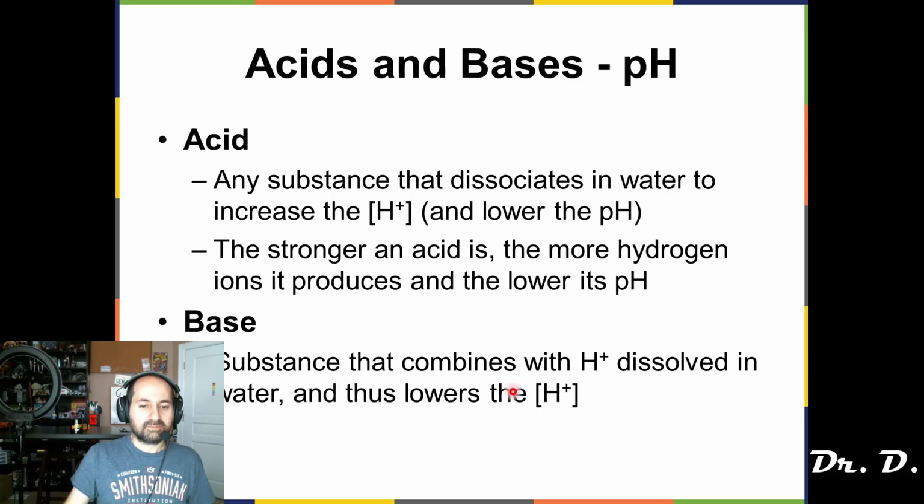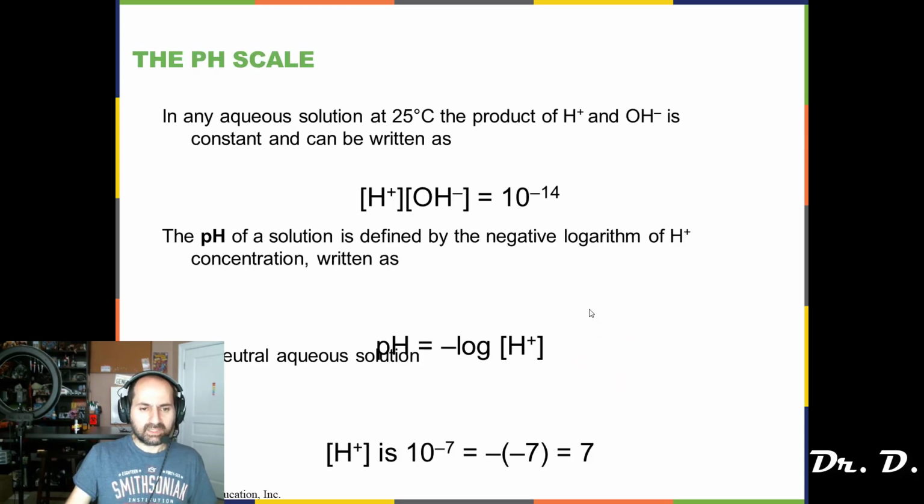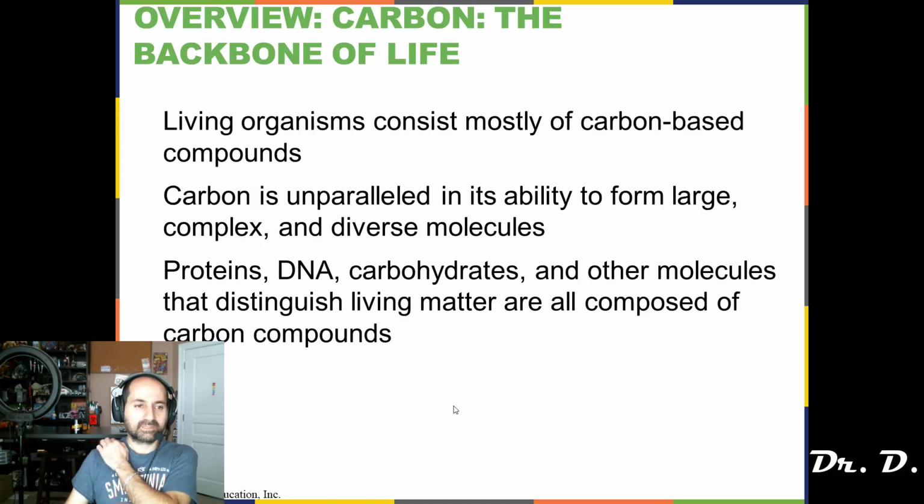A base is a substance that decreases protons in a solution or increases hydroxide ions in a solution, and that causes the pH to go up toward more basic. These equations here are great to understand, but they're not super necessary for the exam. I highlight these concepts in that video from before.